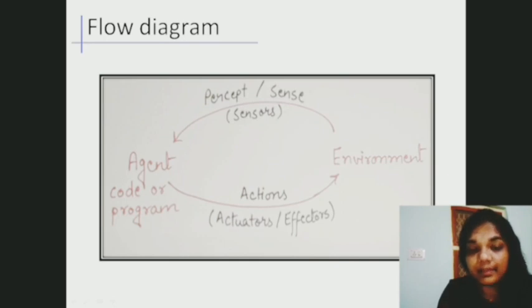Perceiving something or sensing something from the environment is done with the help of sensors, and then after sensing, the agent will do some action, and whatever organ it is doing the actions with is known as actuators or effectors. So sensors, actuators, effectors, these are the words that you should be knowing.